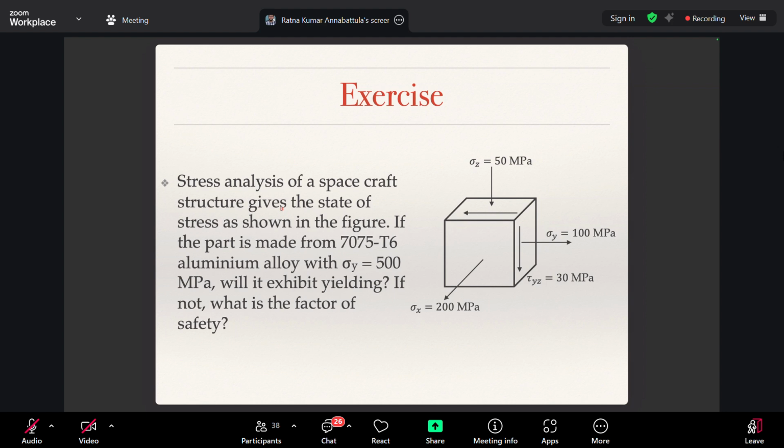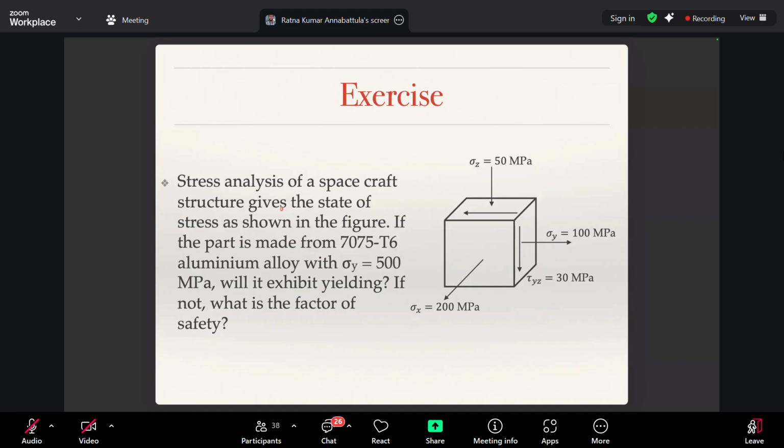I'm getting 173. So you get equivalent stress sigma E of 173 MPa. What is the yield strength? Approximately 500. So is it safe or not? Yes, it is not yielding.